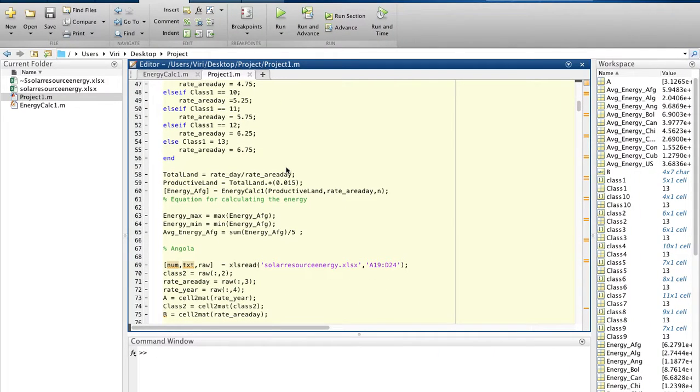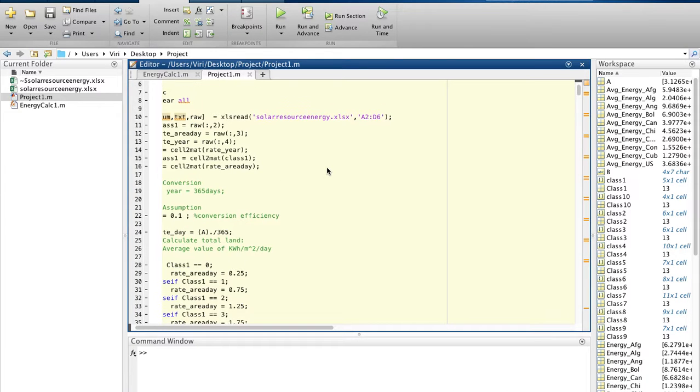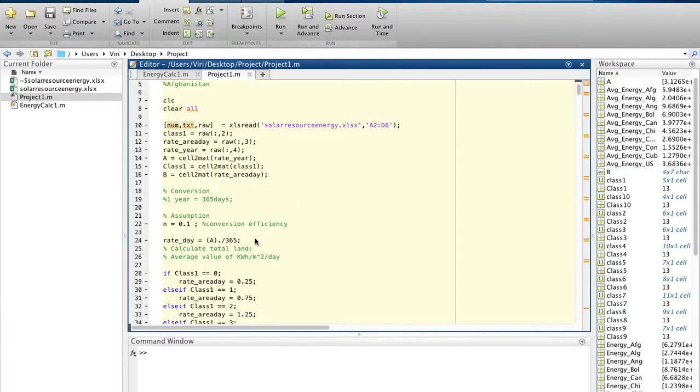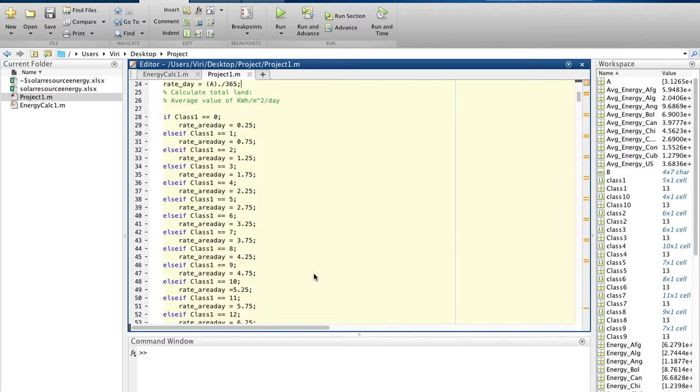And then we move on to how we convert to rate per day. We got it by dividing the rate per year by 365.